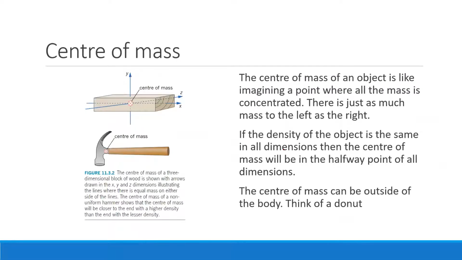Ultimately, center of mass is the balance point of an object. It's the point where all of the mass is considered to be, and it's the point where there's just as much mass to the left and to the right. This will, for most substances with equal density in all directions, be in the middle of that substance. Obviously, for a hammer where there are different densities, it's not going to work.